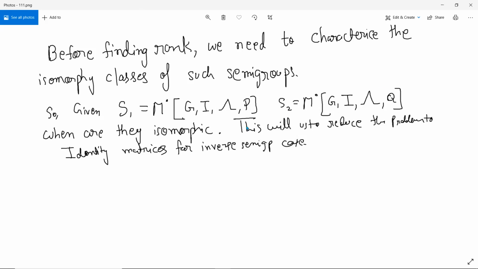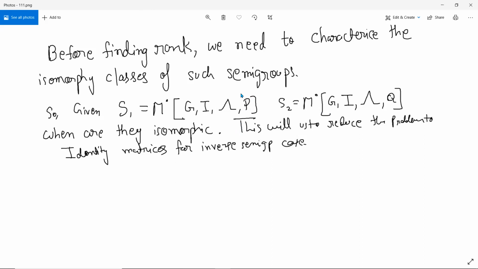And the question that we are asking is, when are they isomorphic? Because obviously isomorphic semigroups will have the same rank. So if you can say that P is isomorphic to some simple version of it, maybe the identity or the simplest.